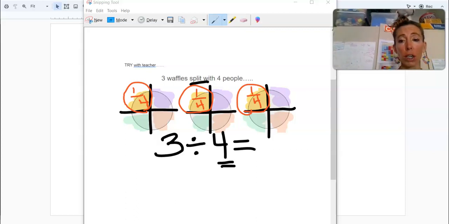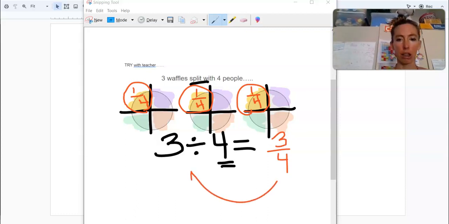They didn't get 4 fourths to make 1 whole waffle. They actually got 3 of the fourths. Oh, look at that. 3 divided by 4 ends up being equal to 3 fraction bar 4. 3 fourths.